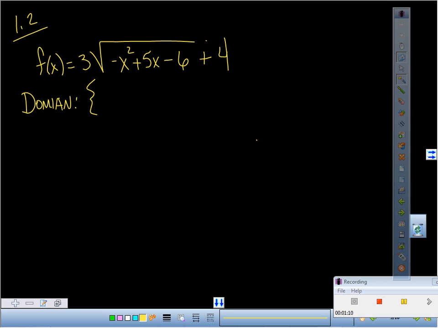Because remember what it says to do if you have an x under the radical? It says take what's under the radical. Don't care about anything outside the radical. That's not messing with my domain.